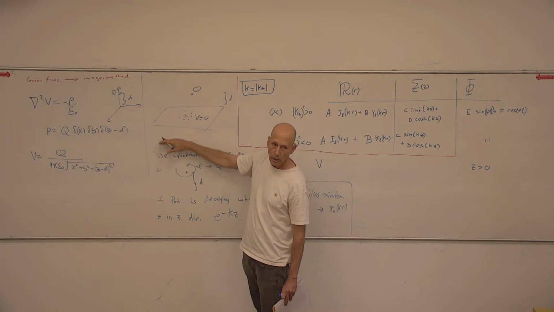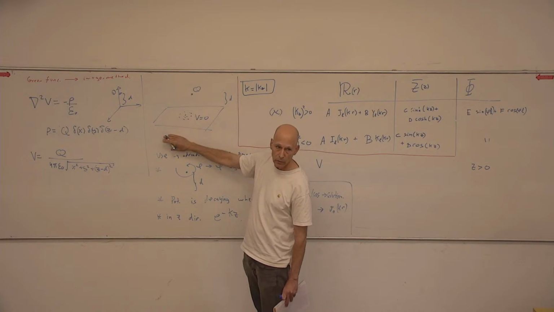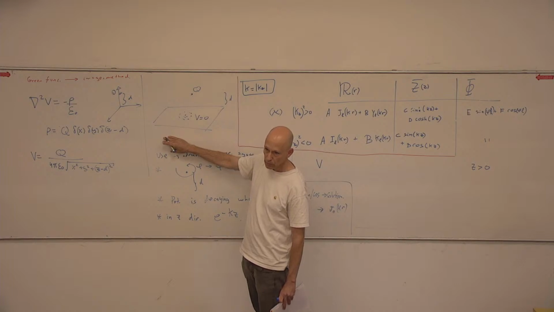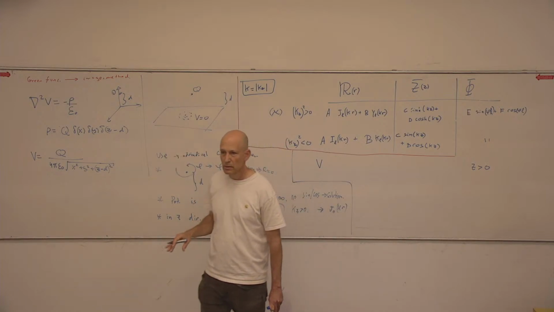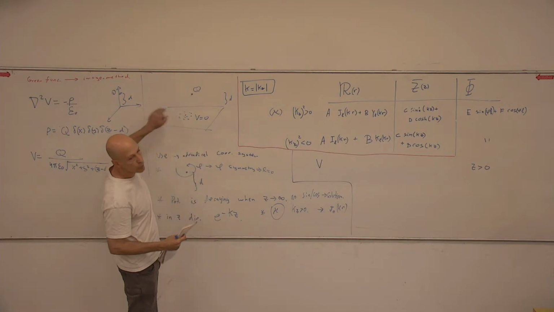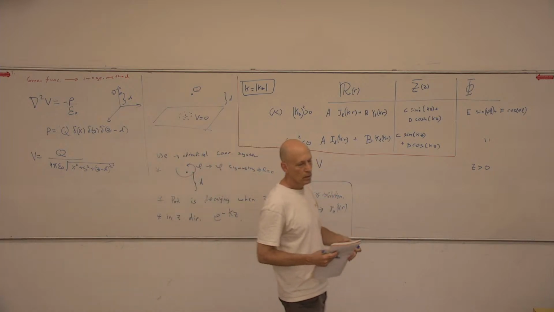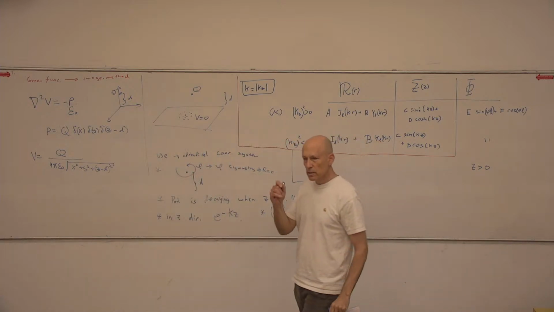Every time I ask you a question, the answer is 0. Trivial. It's 0. Why is it 0 down here? Zero boundary conditions. Yes, and what else? It satisfies the Laplace equation.